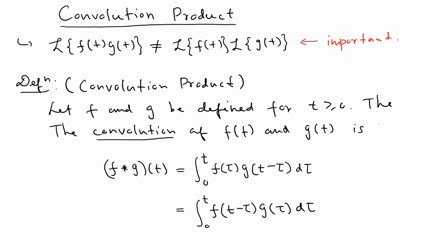So that's the definition. Pick whatever you like. What we normally do is put t minus tau on the easy one, so that it's easy to integrate. We leave the difficult one with just tau. That's the formula, that's the definition.